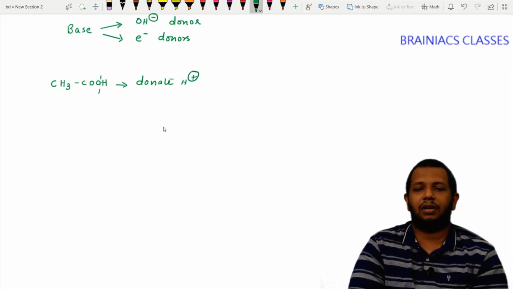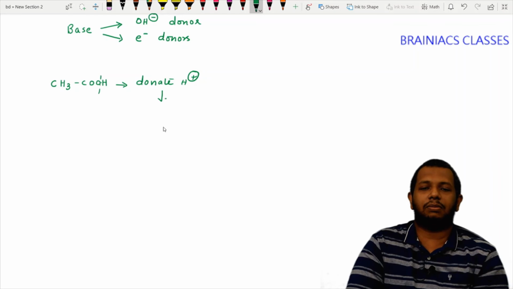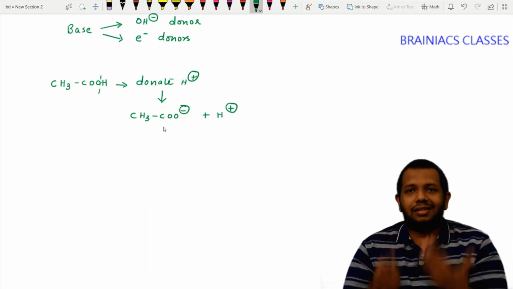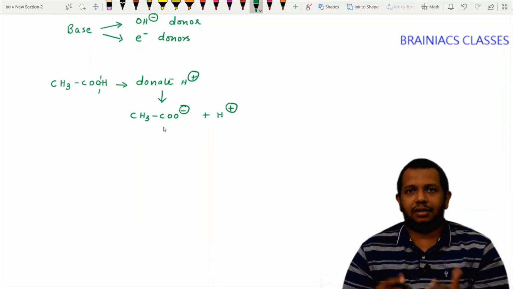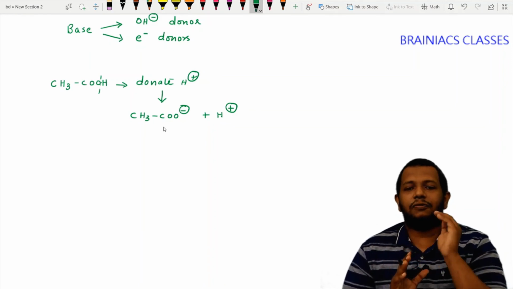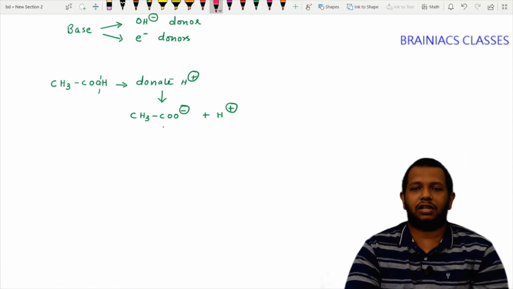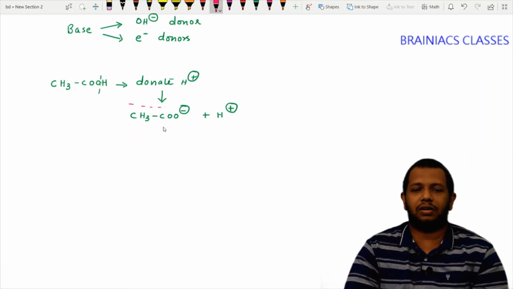Okay. So once you donate the H plus, what will happen here? You will get CH3COO minus and H plus. Now the second step, what you need to do is just to think like this. What is the structure after donating the H plus? This one, correct?